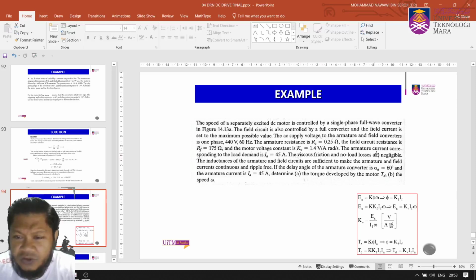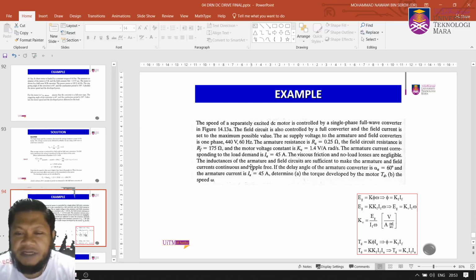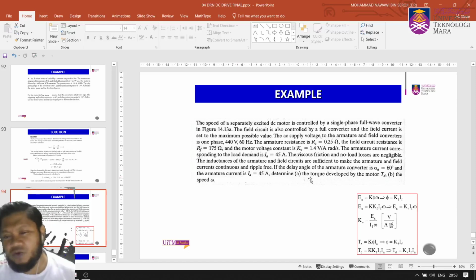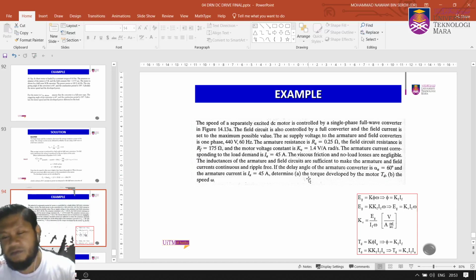The viscosity and no load are negligible. The inductances of the armature and field circuits are sufficient to make the armature and field currents continuous and ripple free. So this is continuous current operation. If the delay angle of the armature is 60 degree and the armature current is 45, determine the torque developed by the motor and the speed of the motor.